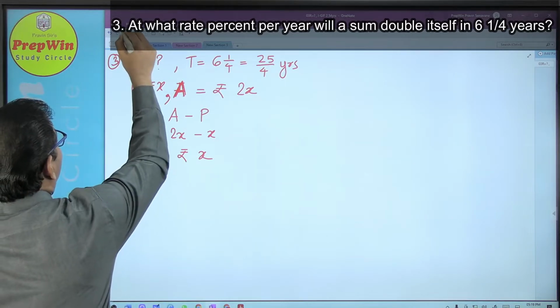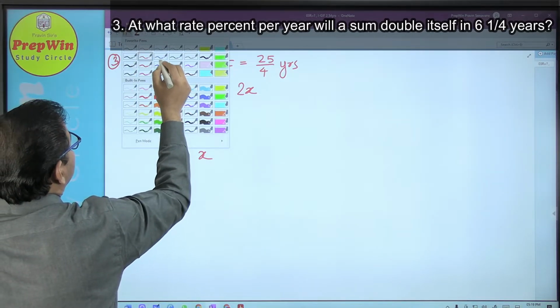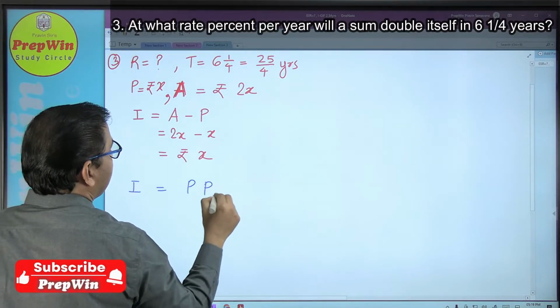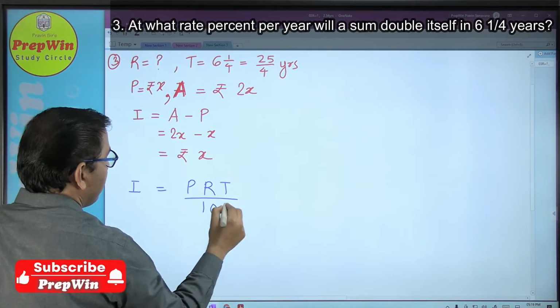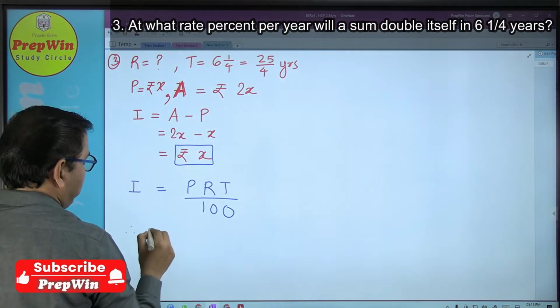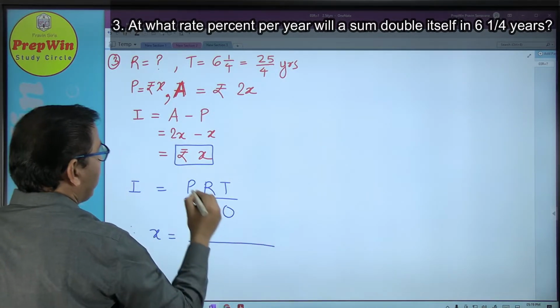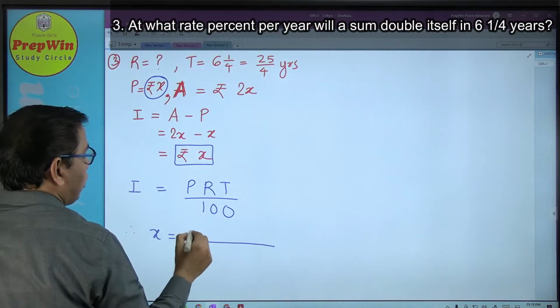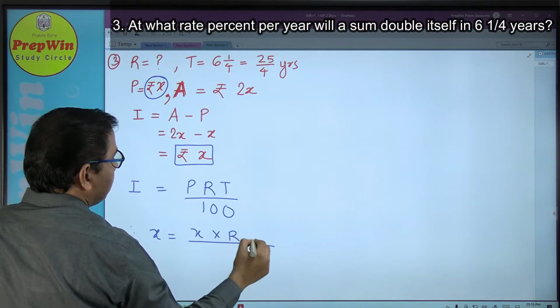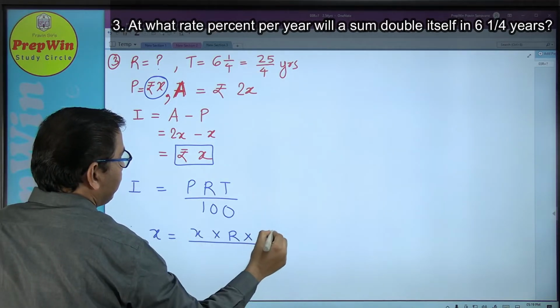Now what formula I am going to use? I will be using my regular formula, that is interest is equal to PRT upon 100. Now I know interest. Interest is x rupees. So x here. What about principal? Principal is also x. Into R, I have to find out R, and time period is 25 by 4.